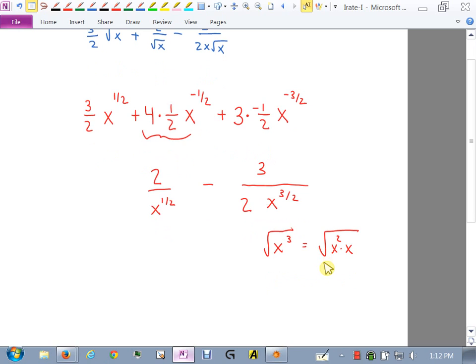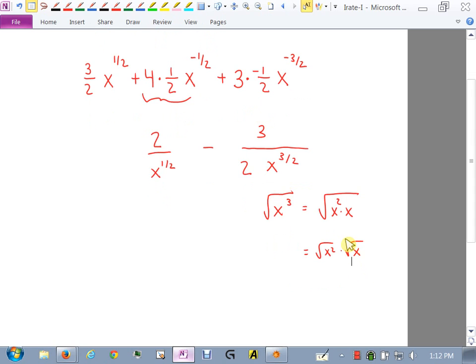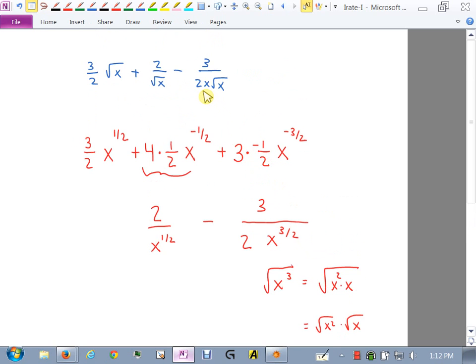You could write it that way, which is the same as the square root of x squared times the square root of x, because if you have two things being multiplied in a root, it's the same as splitting it into two roots. The square root of x squared is x, so this is x root x. So x to the 3/2 is the same as x root x, which is where that comes from on the bottom.